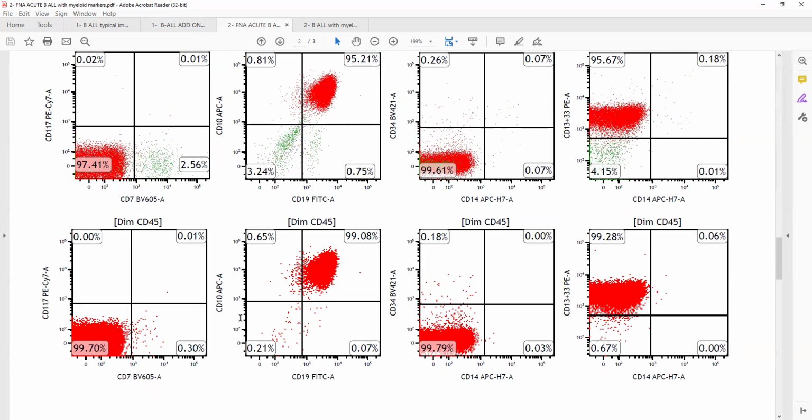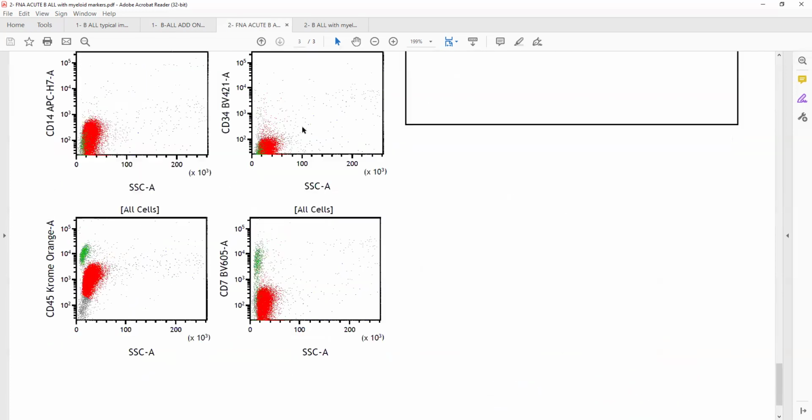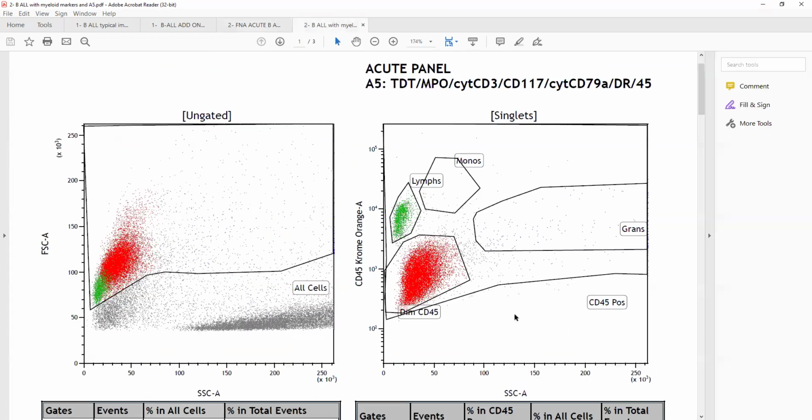Here, this population is positive for CD10, it's positive for CD19, it's negative for CD14, which is a monocytic associated antigen. And then let's look at the B-lymphoblastic leukemia lymphoma add-on.